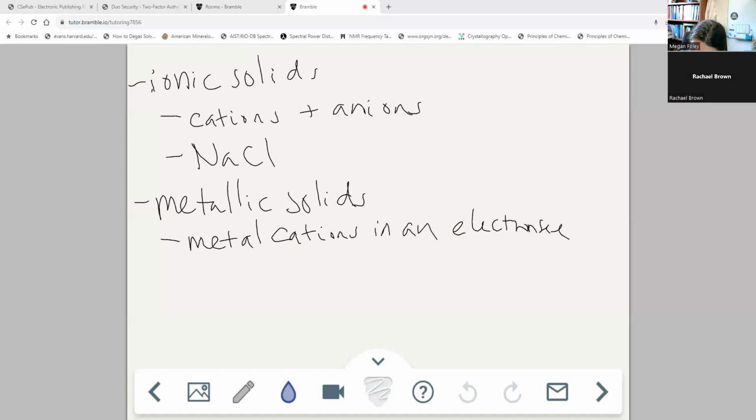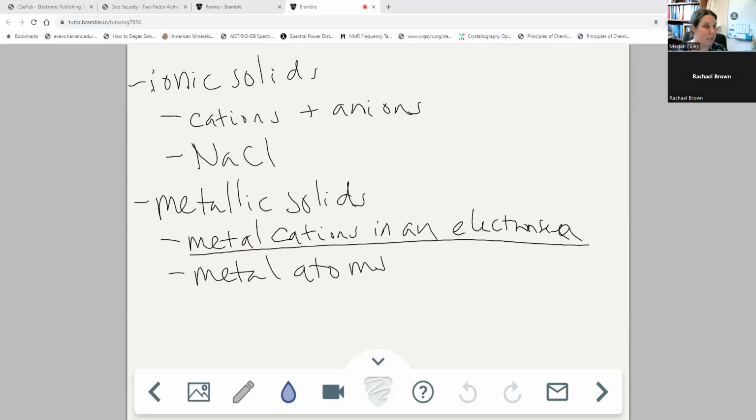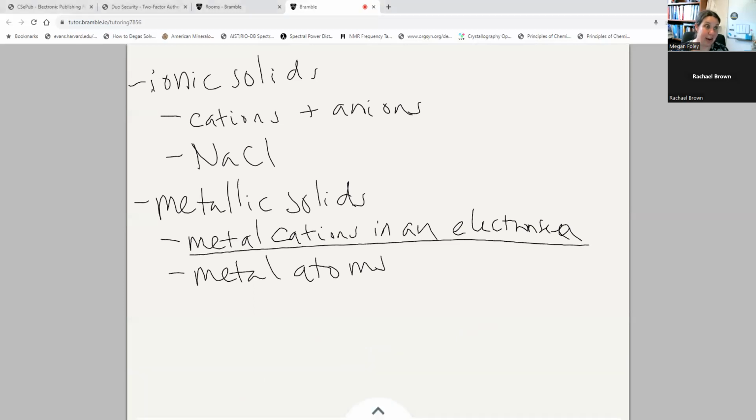But essentially, this is just a bunch of metal atoms. This in particular right here is the bonding model that we look at, but it's composed of a bunch of metal atoms, and it's going to be held together by metallic bonds. An example of this would be something like an iron solid.